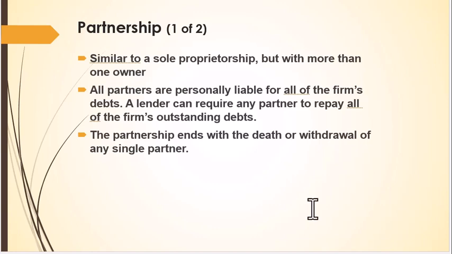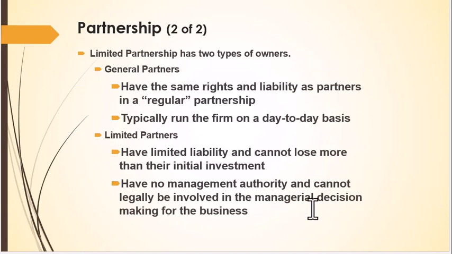And of course, a partnership ends with the death or the withdrawal of a single partner. So even though the business will continue, if a partner passes away, technically that partnership ends.